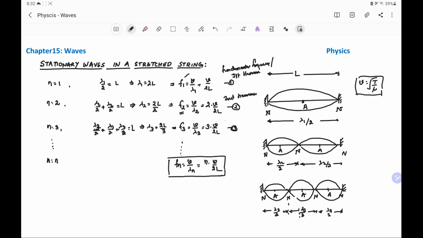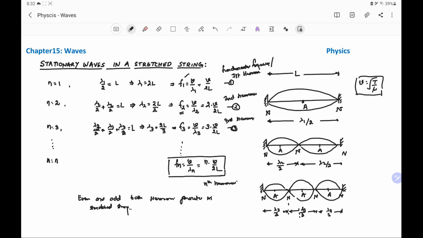Similarly, F3 is called the third harmonic, and Fn is called the nth harmonic. Therefore, we can say that both even and odd harmonics are generated in a stretched string.